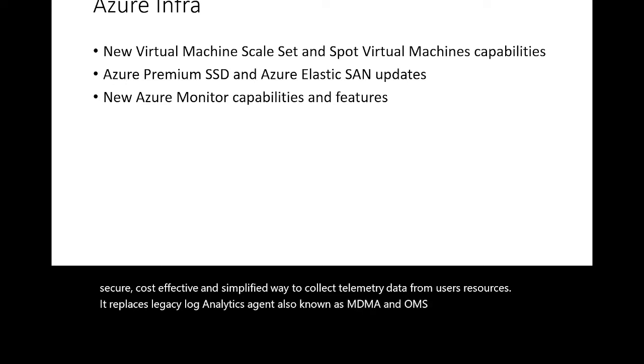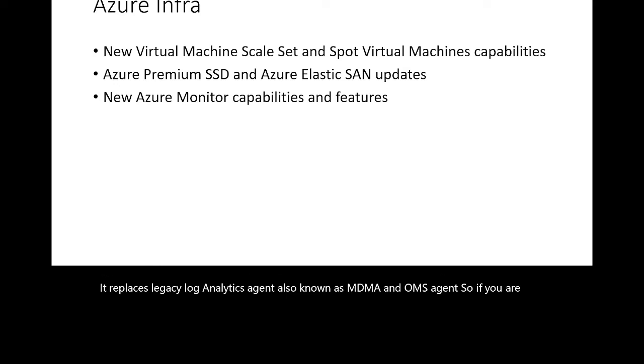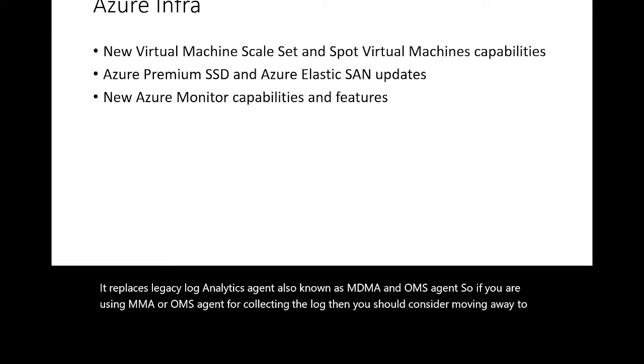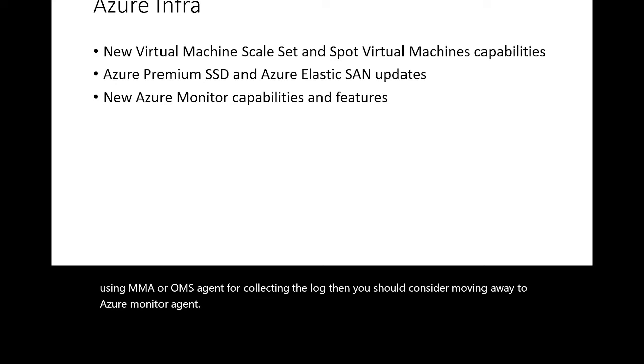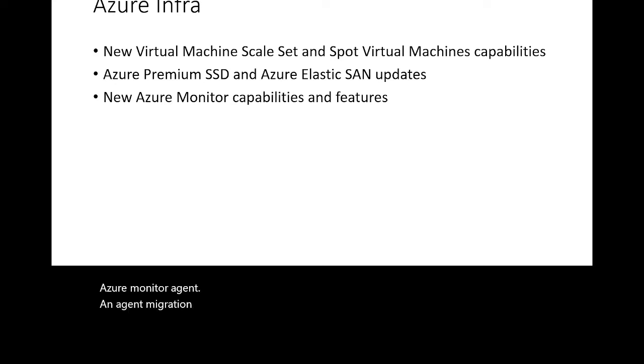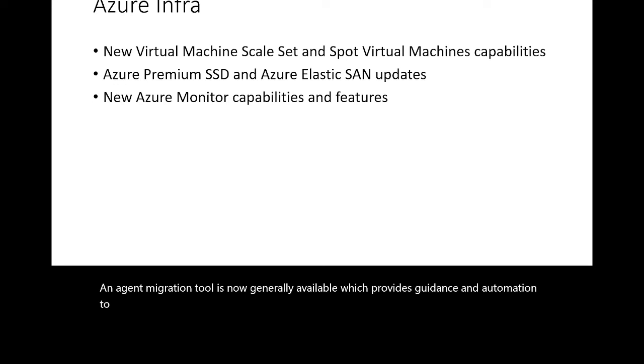So if you are using MMA or OMS agent for collecting the log, then you should consider moving away to Azure Monitor Agent. An agent migration tool is now generally available, which provides guidance and automation to support migration from legacy components, which we mentioned earlier.